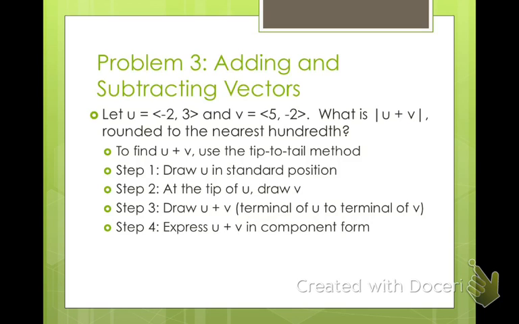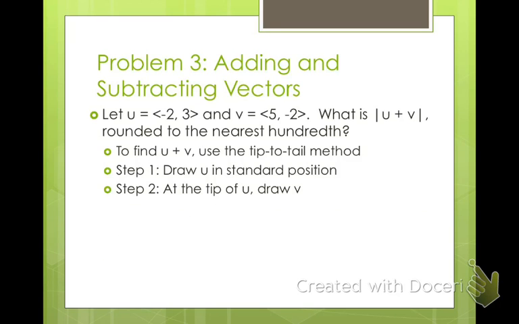I think there's component form. Okay. So let me draw this for you really quick. Okay, so here u is from here to here, and then 5, 1, 2, 3, 4, 5, and down 2.